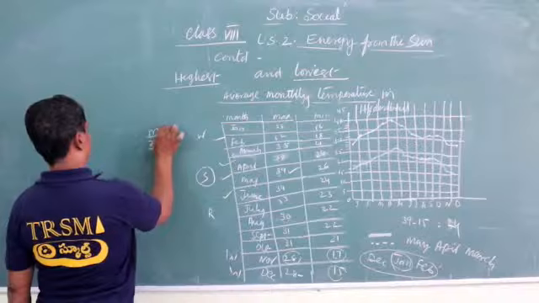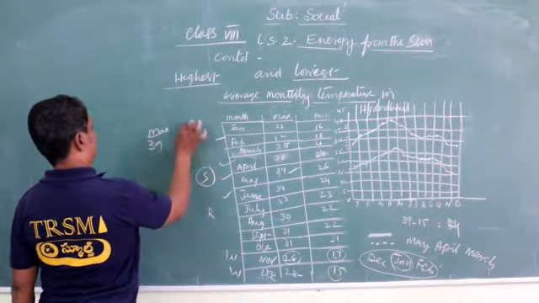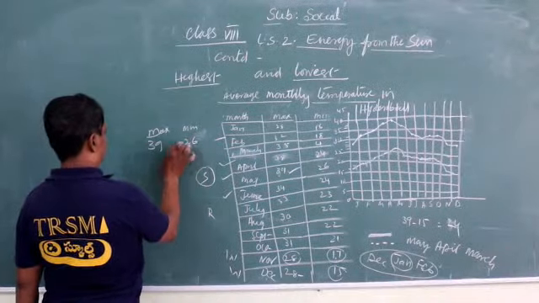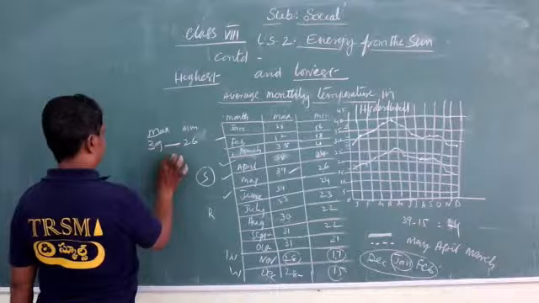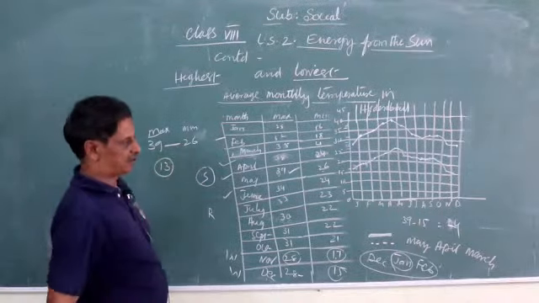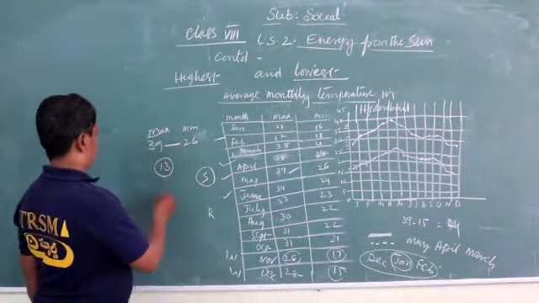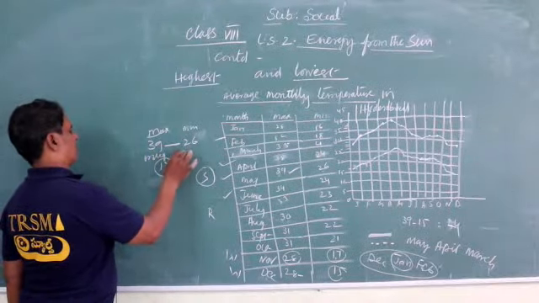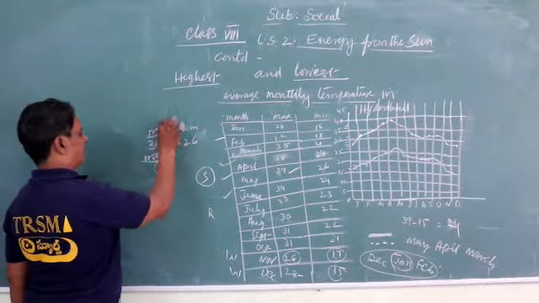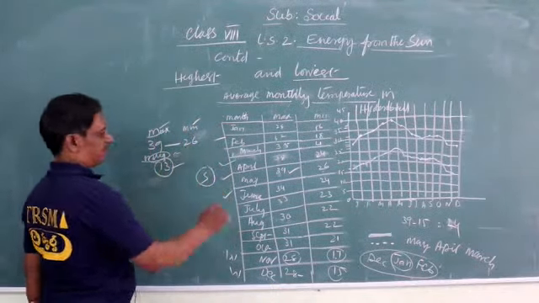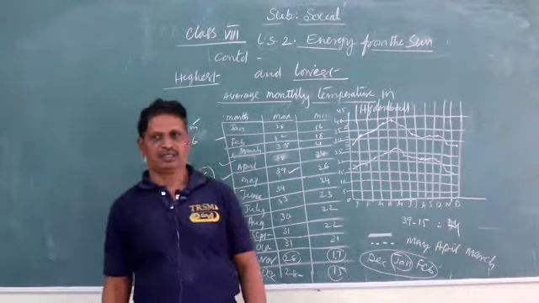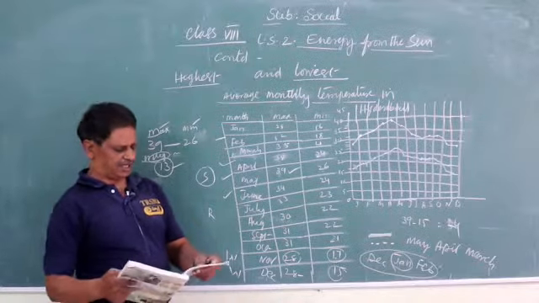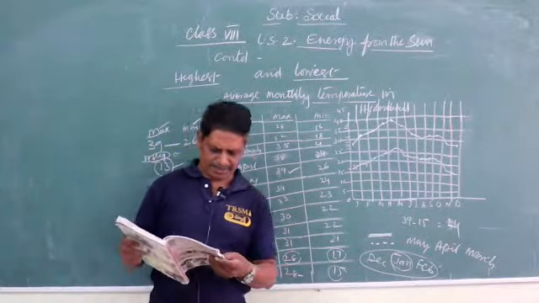This is the minimum, 26. 39 minus 26. In the month of May, the maximum and minimum temperature difference is 13 degrees centigrade. Okay. So this is all about the average monthly temperature records in Hyderabad.